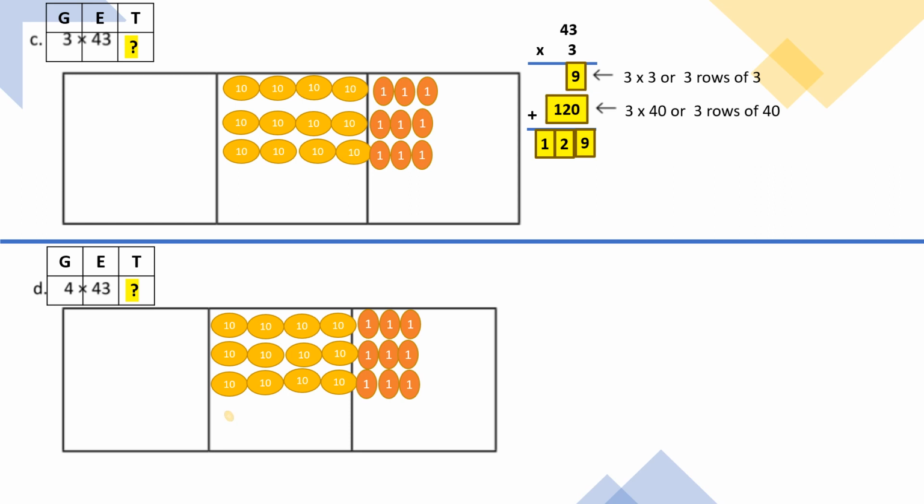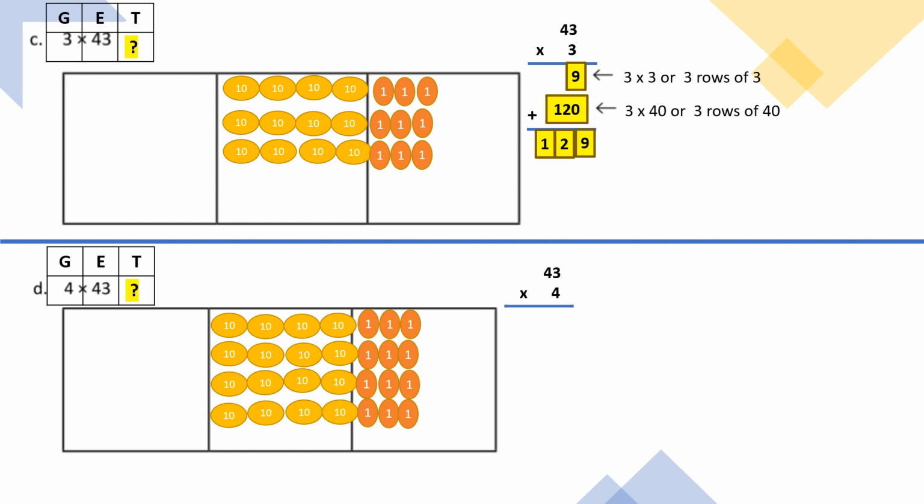And for our final row of 43, 10, 20, 30, 40, 41, 42, 43. Now, we've created 4 rows of 43 in our place value chart.